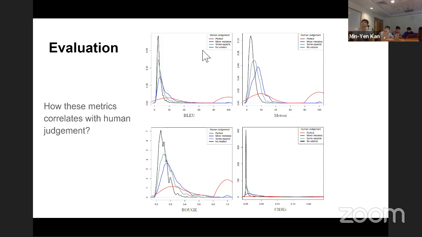So you're saying all the left-hand peaks show that all of the metrics agree that when things are bad, they're bad. Okay. Some of them on the right-hand side can tell you that things are good, but there's not that much correlation. Ideally, all of them would point to the same thing, and humans should agree with each other. But I think there are a lot of problems with this.